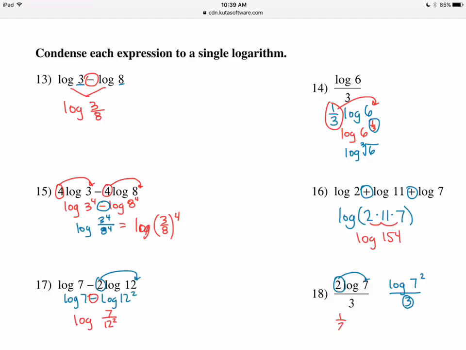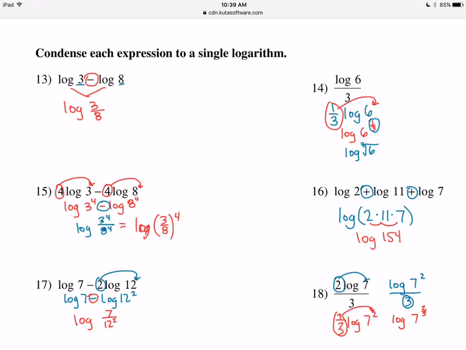So 1/3 log 7 squared. And then you can move that 1/3 up to the top. So 1/3 times 2 is 2/3. And again, the reason I do the separate pieces is because you could do it all at once. So like you could multiply by 2/3 and move the 2/3 up on top. I guess either way is fine.